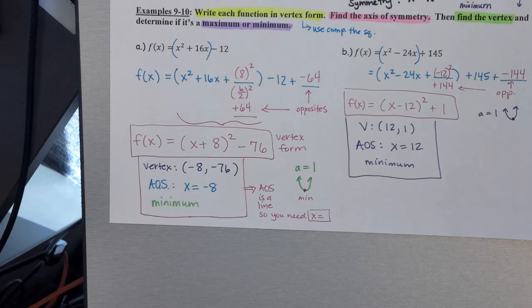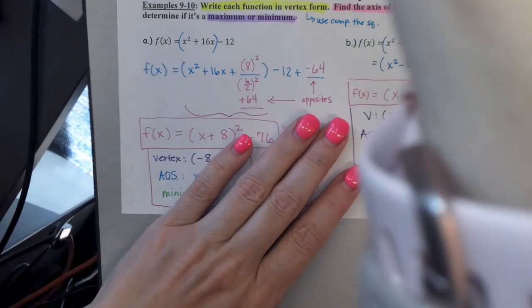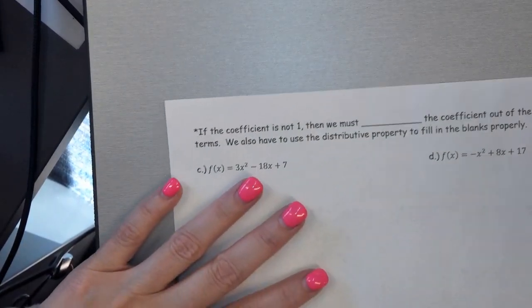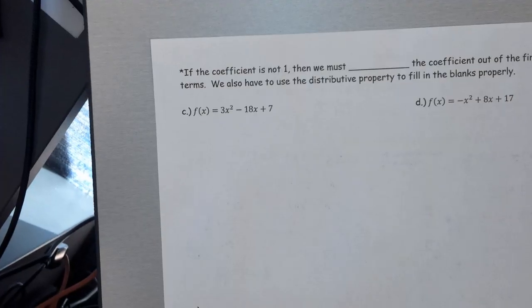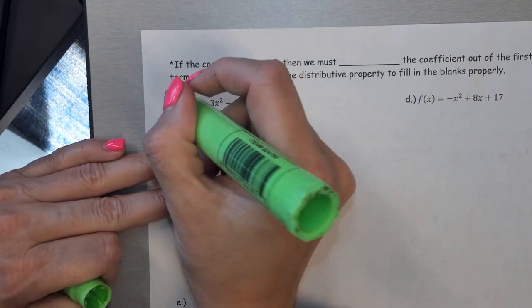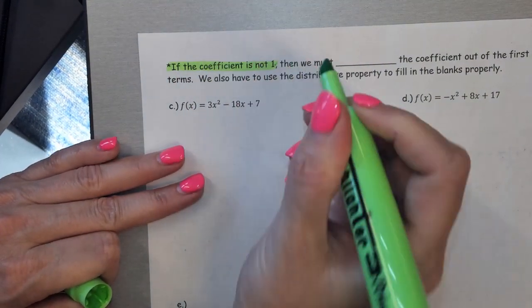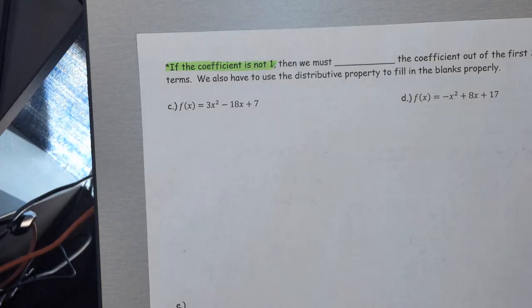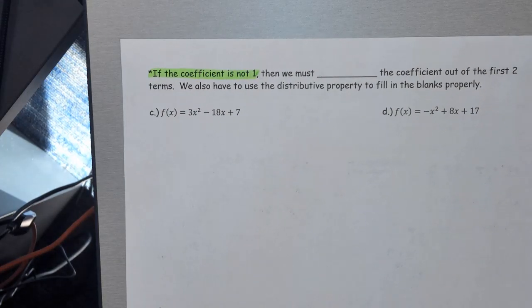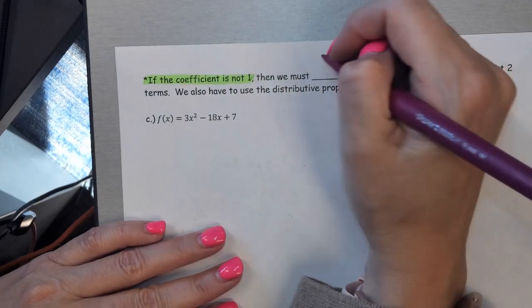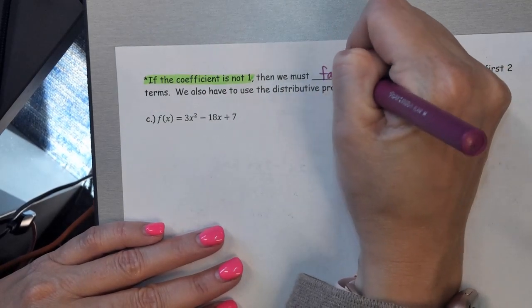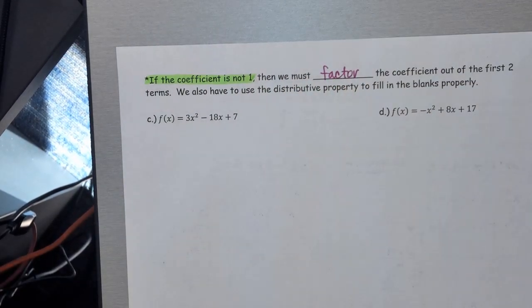All right, great. Now, just like we saw today with some of the completing the squares, the value in front of x squared isn't always 1, but we can manipulate the equation so that we can use completing the square. So if your coefficient is not 1, then what we're going to do is factor the coefficient out.